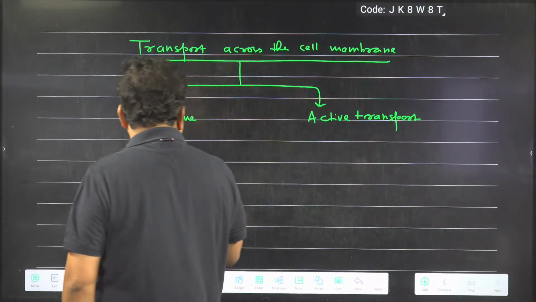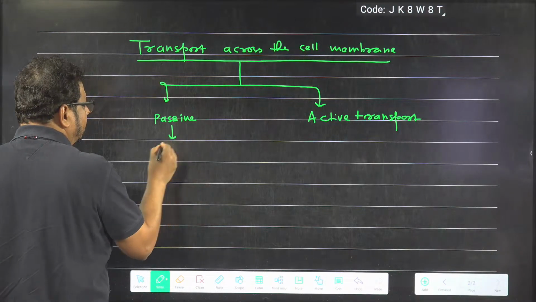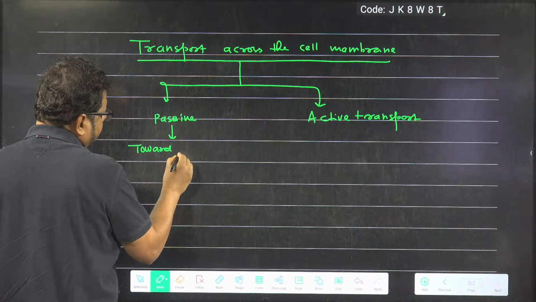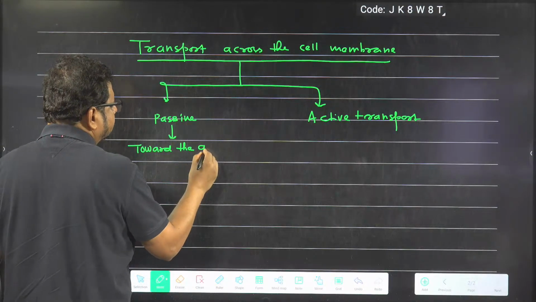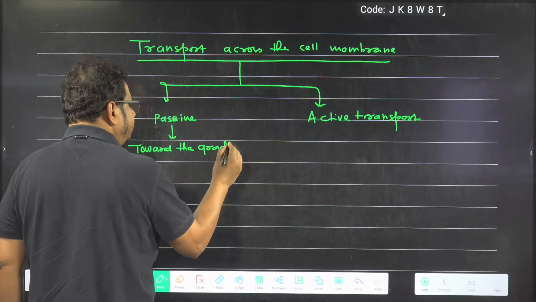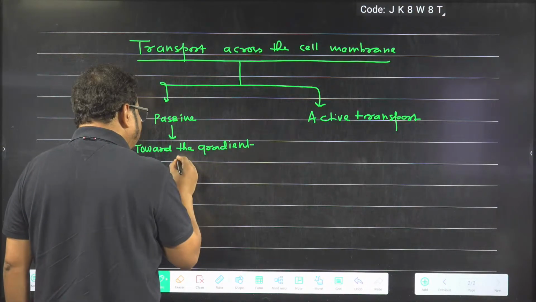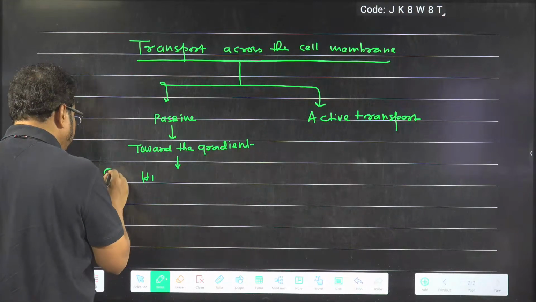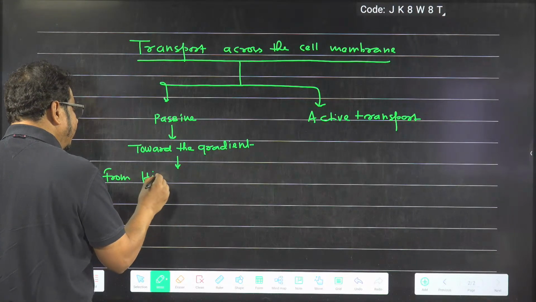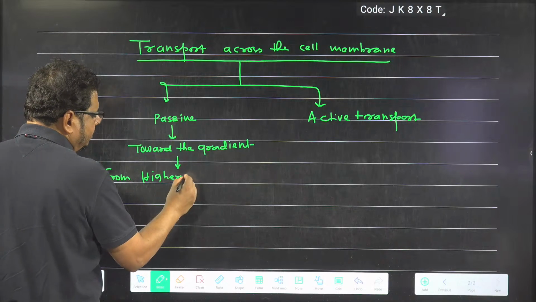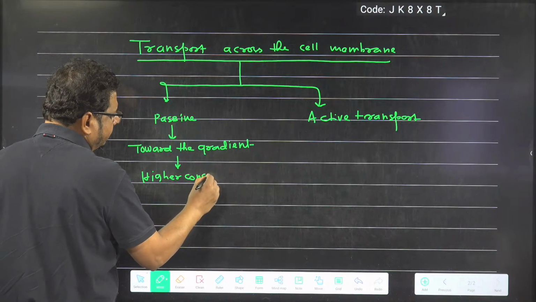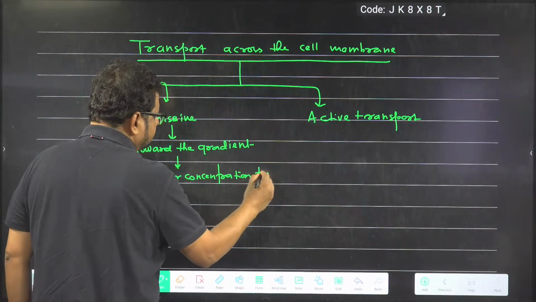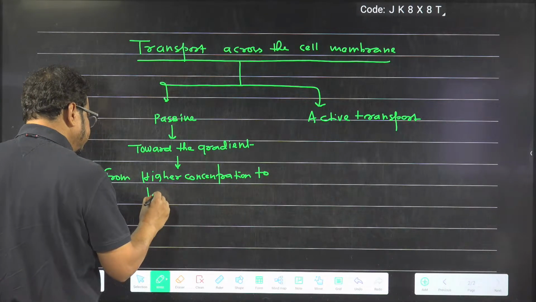Passive transport occurs toward the gradient. What is toward the gradient? From higher concentration to lower concentration.